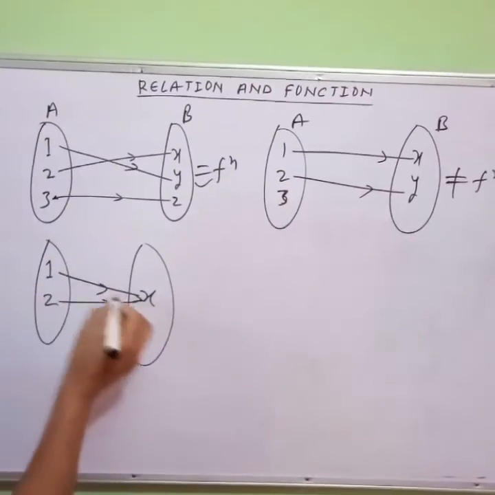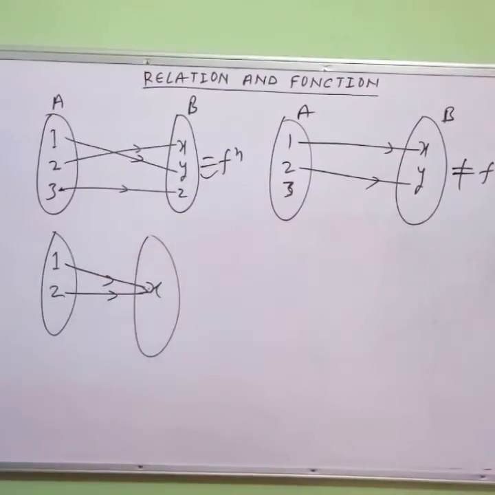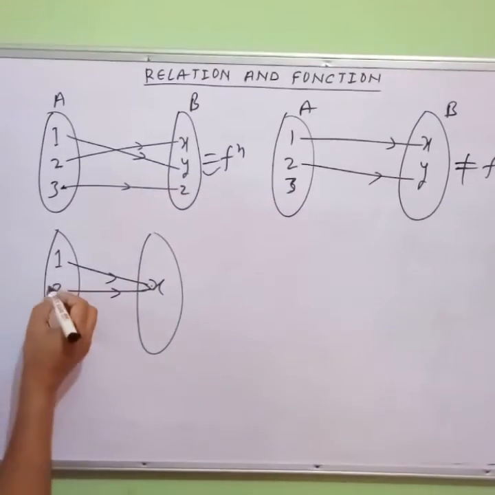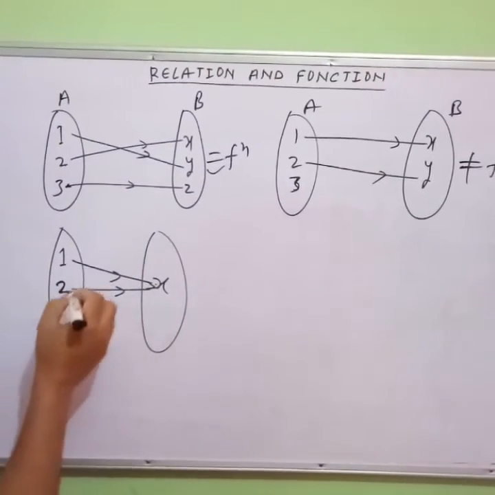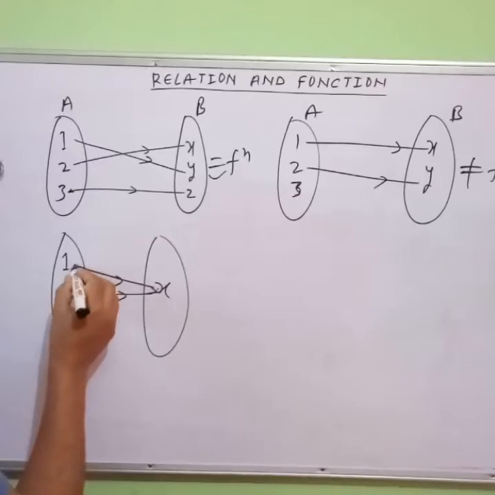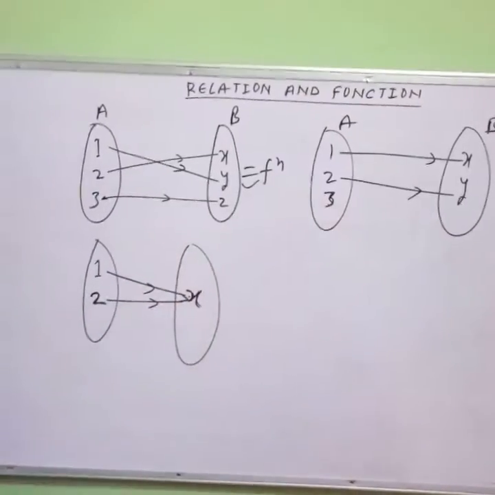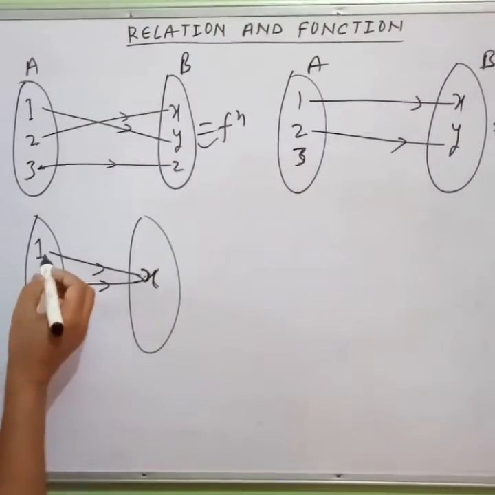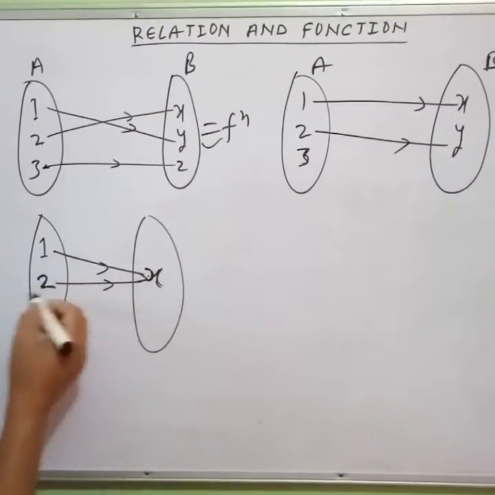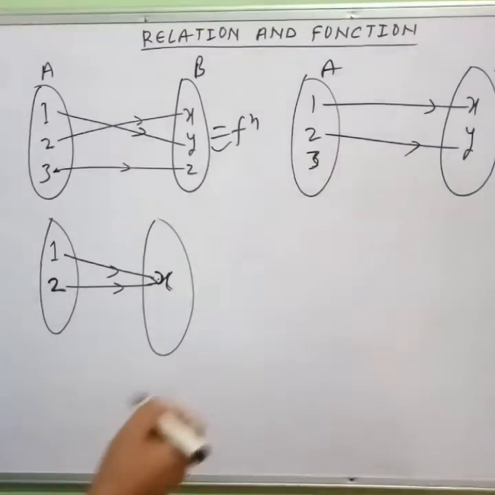So this element has one image, then this also has one image. मतलब कि प्रत्येक एलिमेंट की मैपिंग होनी चाहिए. Here every element has one image, same thing.